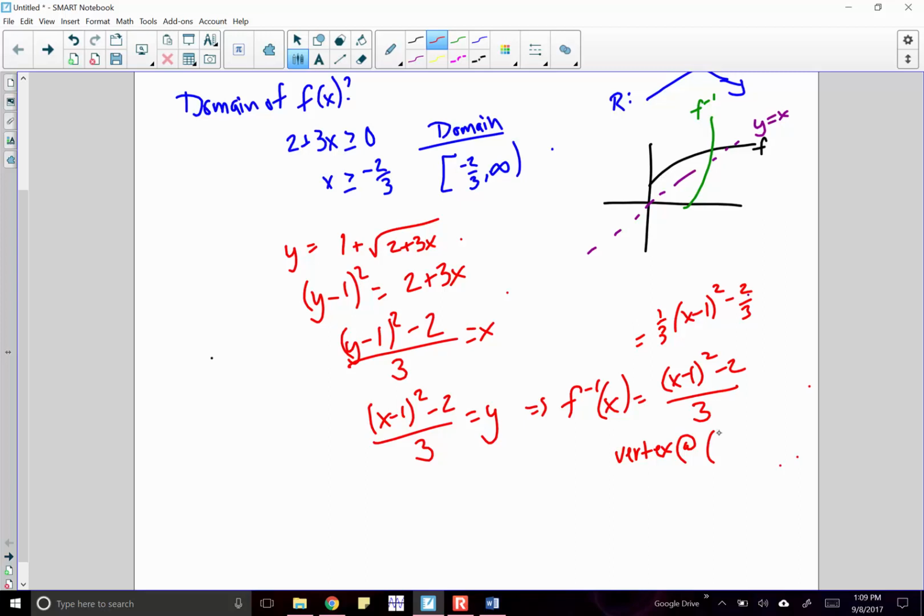The vertex is at (1, minus 2/3). So my domain of the inverse function, at least according to my little sketch, is going to be from 1 inclusive to infinity, with a close parenthesis.